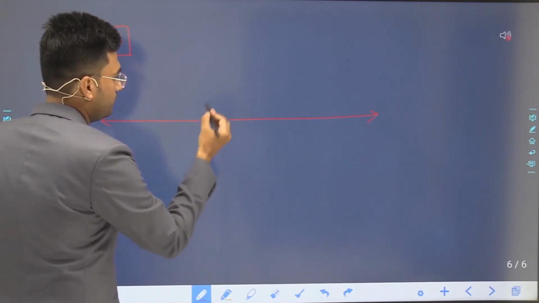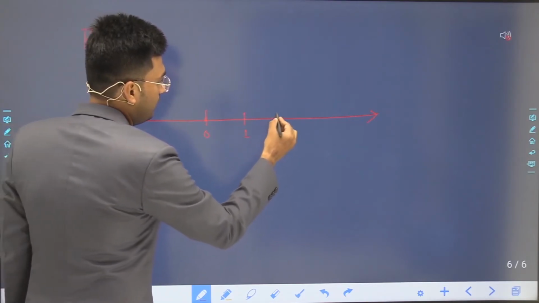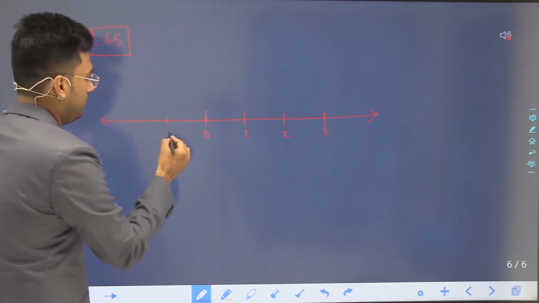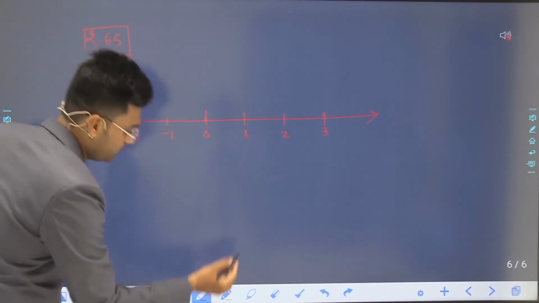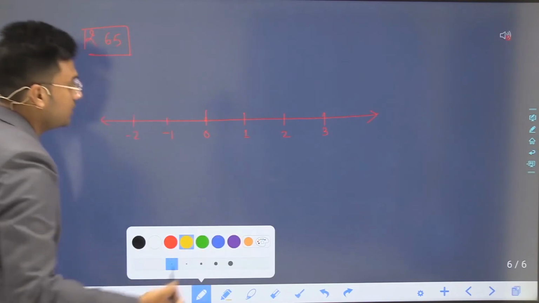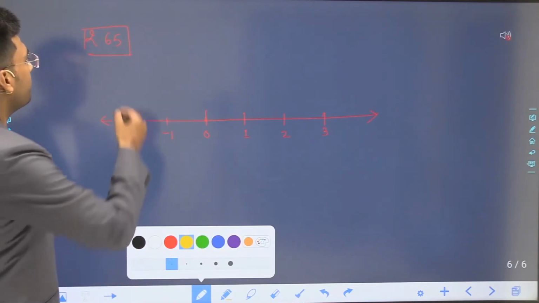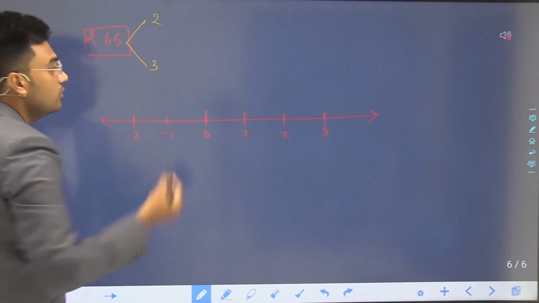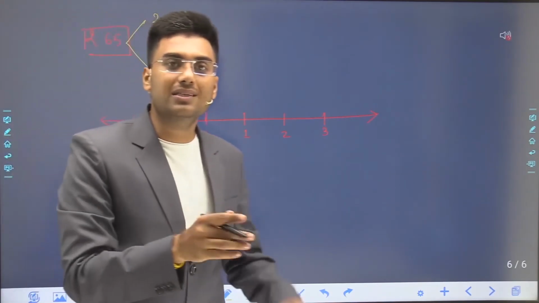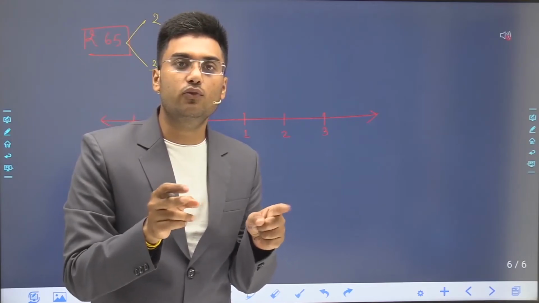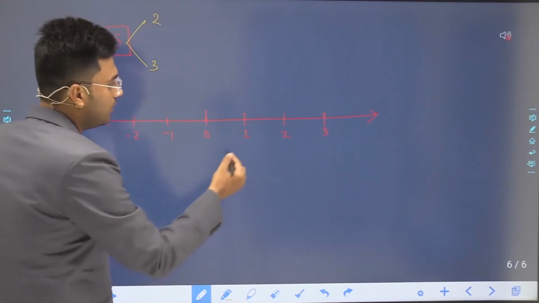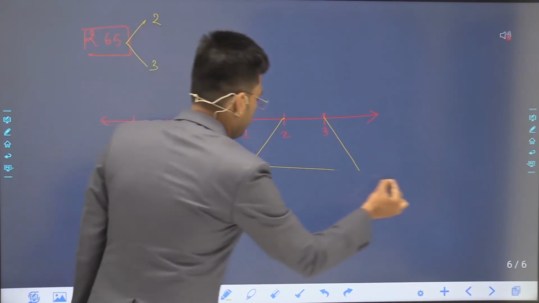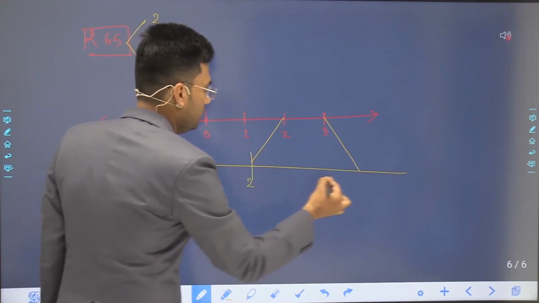This is 0, 1, 2, 3, minus 1, minus 2. Now 2.65 lies between 2 and 3, so we have to subdivide the distance between 2 and 3. This is 2 and this is 3.